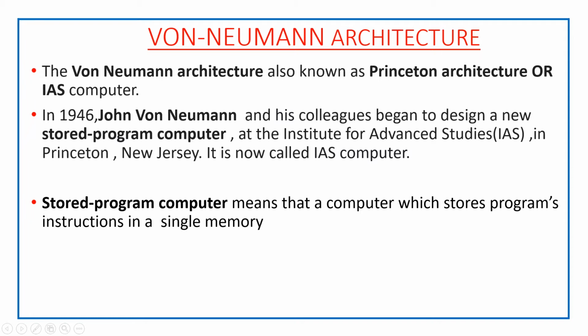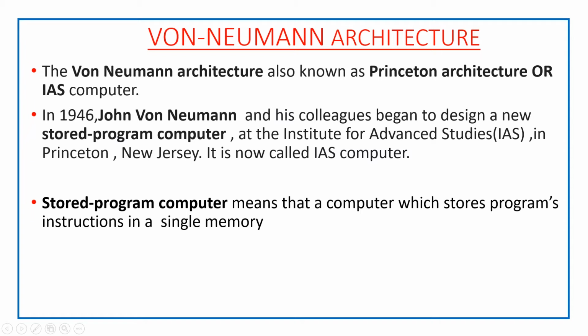In 1946, John von Neumann and his colleagues began to design a new stored program computer at the Institute for Advanced Studies, that is IAS, in Princeton, New Jersey. It is now called the IAS computer. So from this point, it is clearly seen that John von Neumann designed a stored program computer.